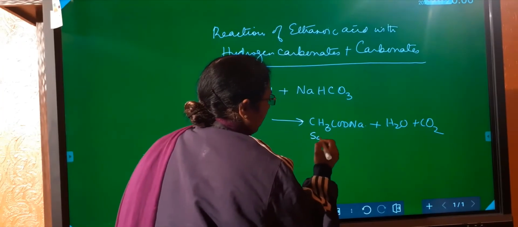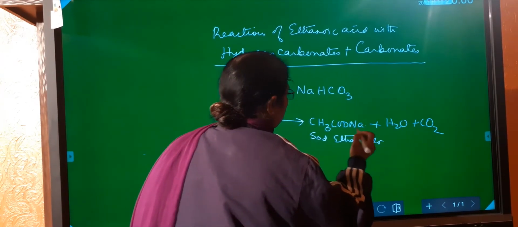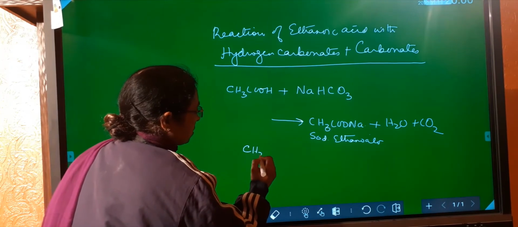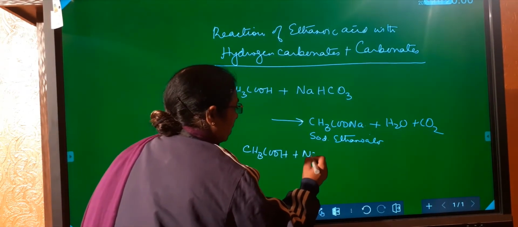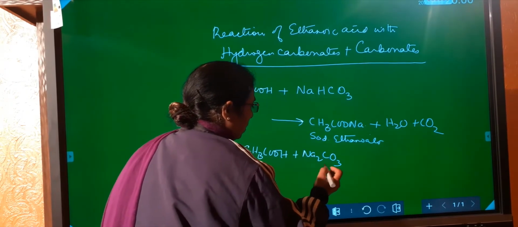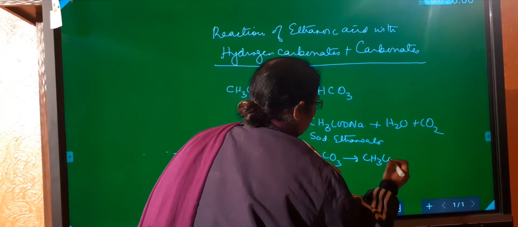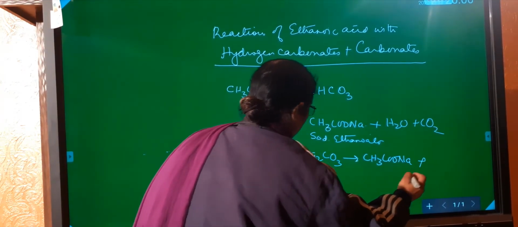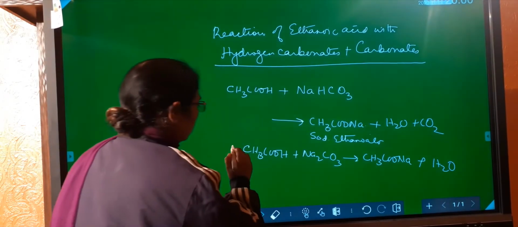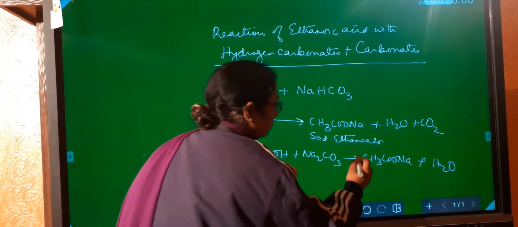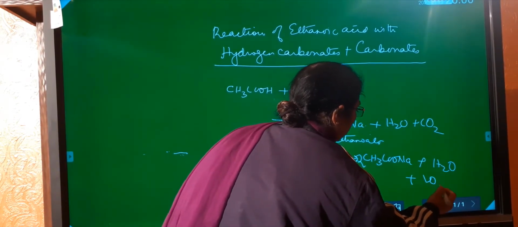This is known as sodium ethanoate. And similarly, if it is CH3COOH plus Na2CO3, this will give you CH3COONa plus H2O plus CO2.